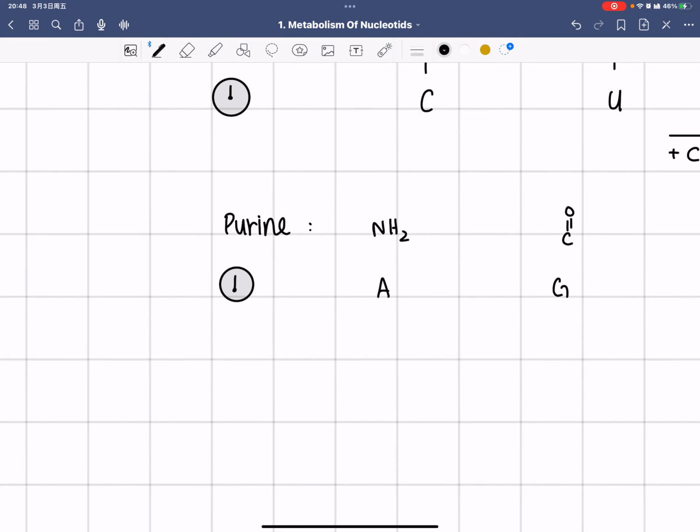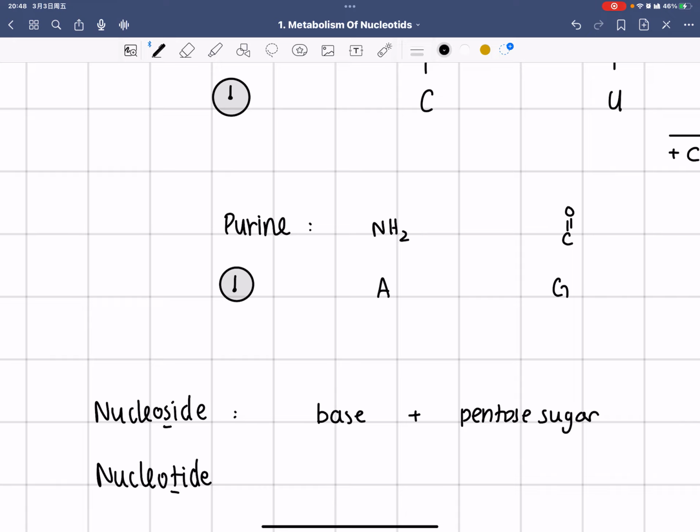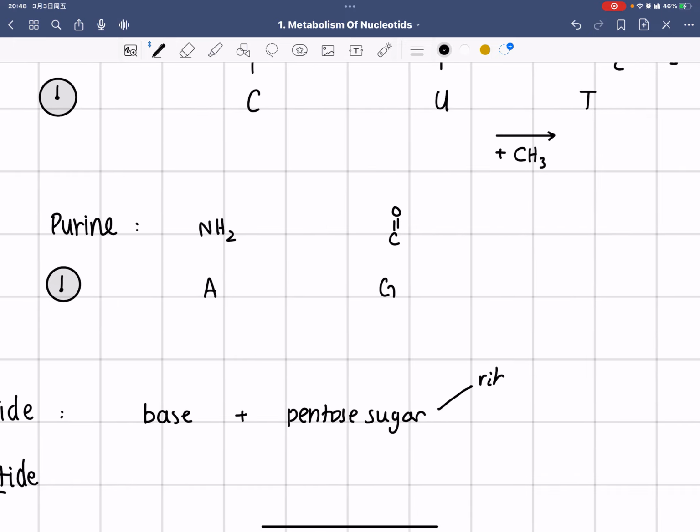So now the difference between nucleoside and nucleotide. Here, nucleoside is base plus pentose sugar, which are ribose or deoxyribose.